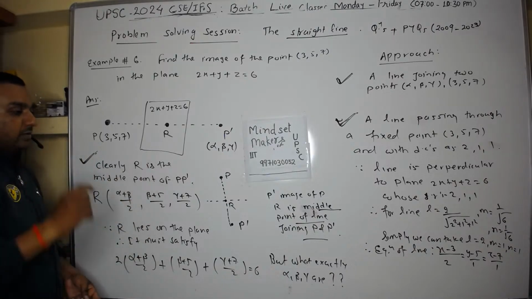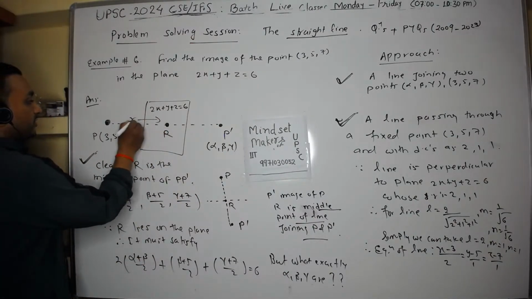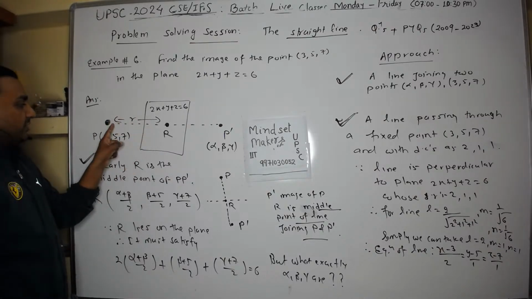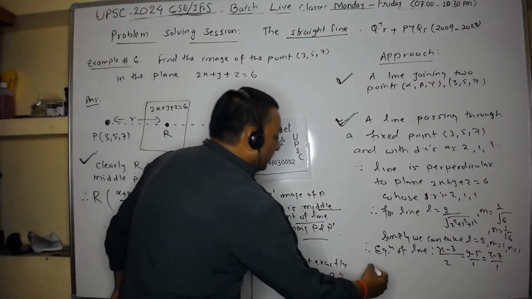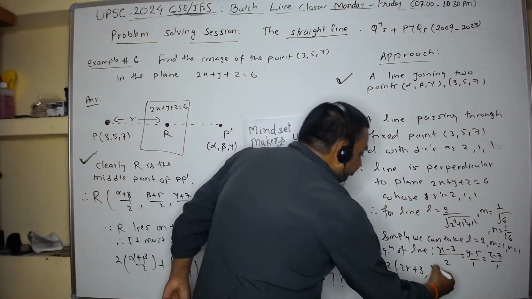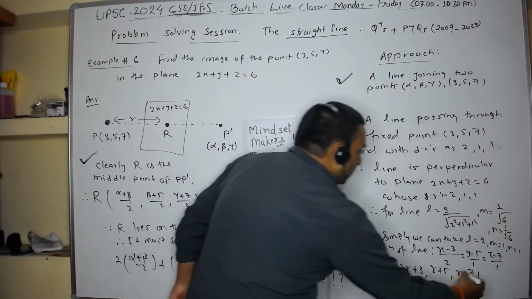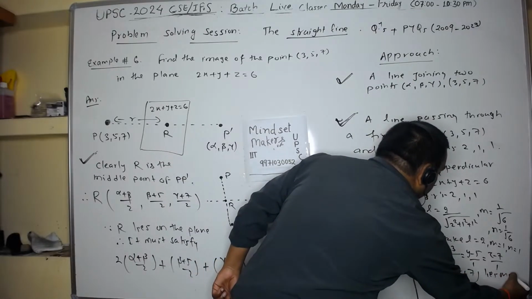So now if I take a point at distance r from this, let's say this is a point at distance r, then tell me what coordinates we will get for it: 2r+3, r+5, r+7 lies on the plane.